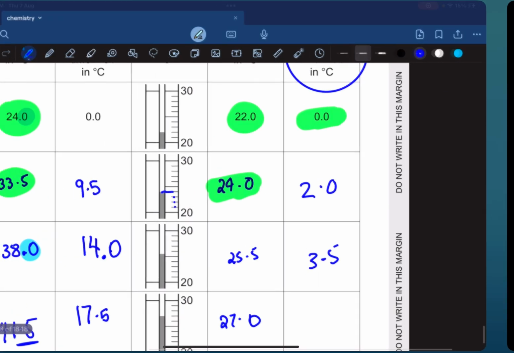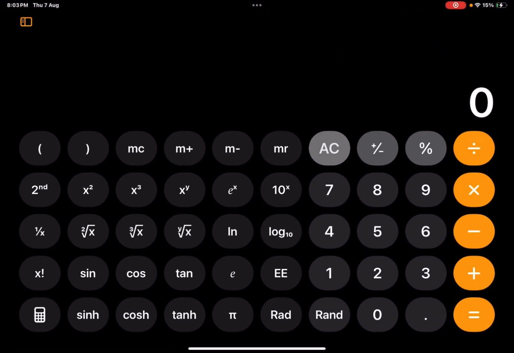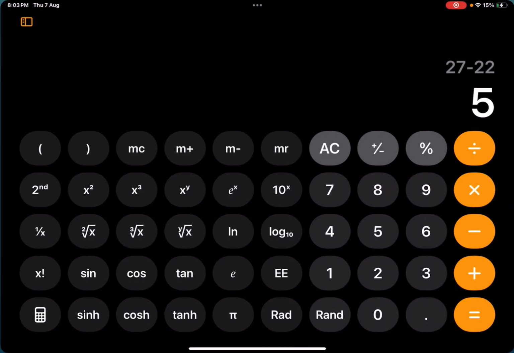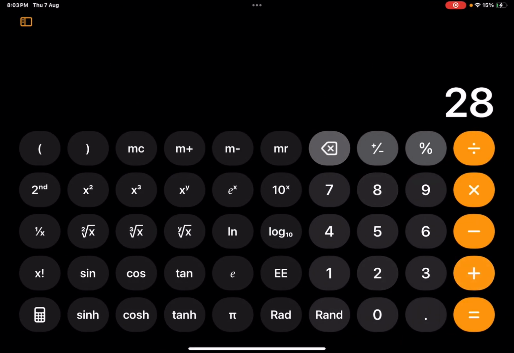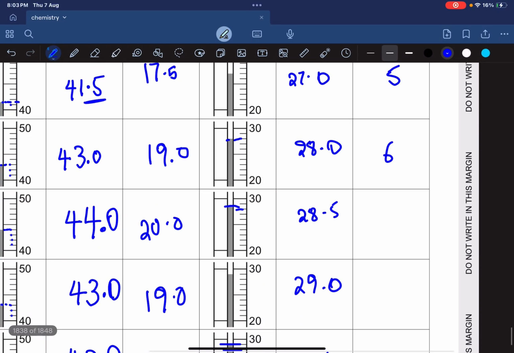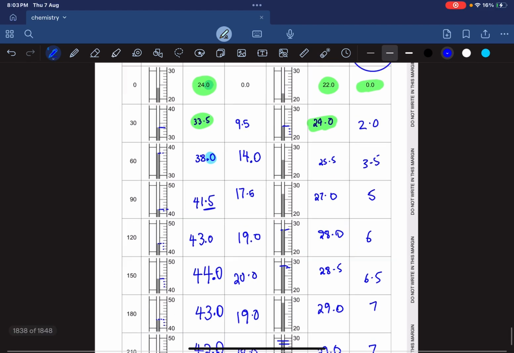It's 3.5. I know I can do it mentally, but let's not. 5. If you're short of time, then try to do it mentally, but if you have time, then use the calculator. Okay, we're done with this.